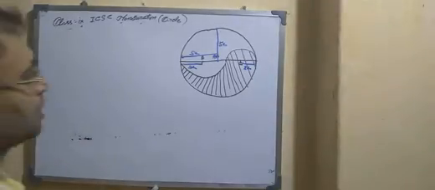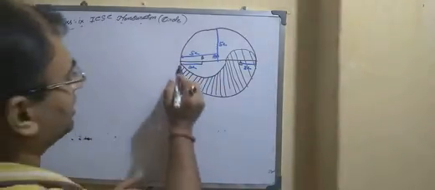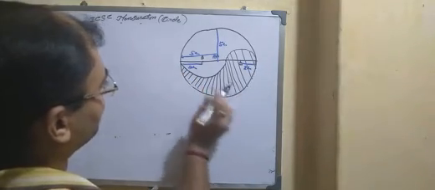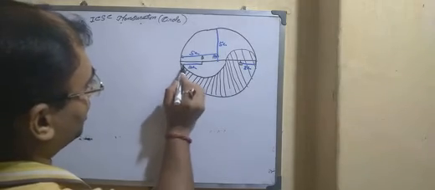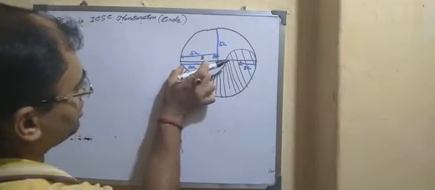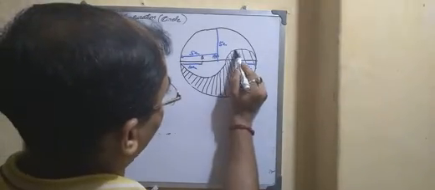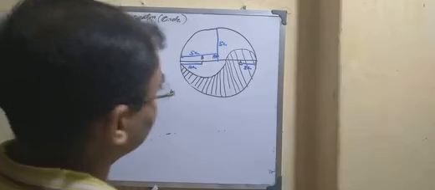Now here all the cases are semicircles, this portion is a semicircle of radius 5 centimeter. This is a semicircle of radius 3 centimeter. This is also a semicircle where the radius is 2 centimeter.